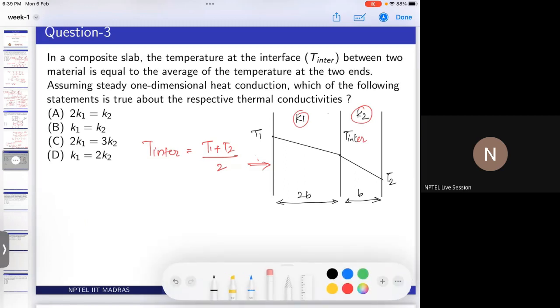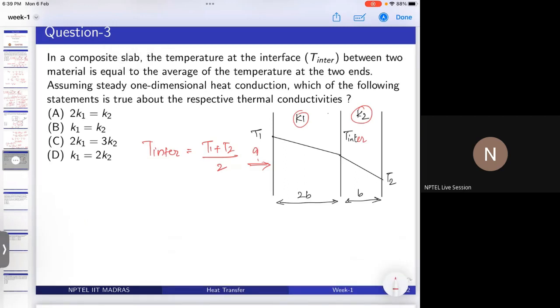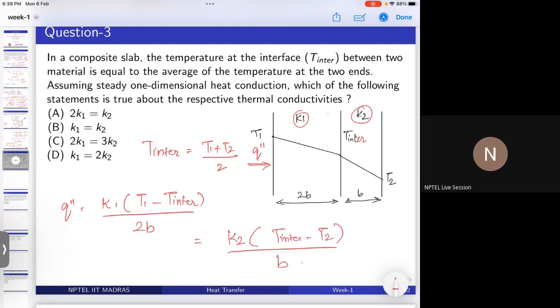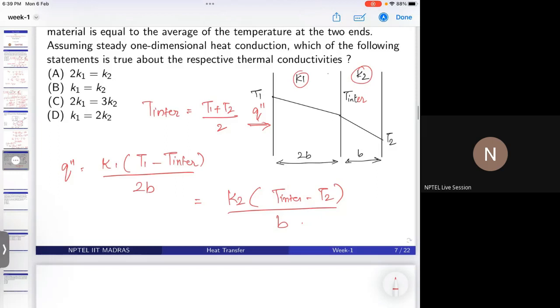So I can present it in heat flux, that is Q double prime. Q double prime is equal to K1 times T1 minus T inter, divided by, what is the length, that is 2B. It should be equal to K2 times T inter minus T2 divided by B. This is the only one. The rest is just mathematics.